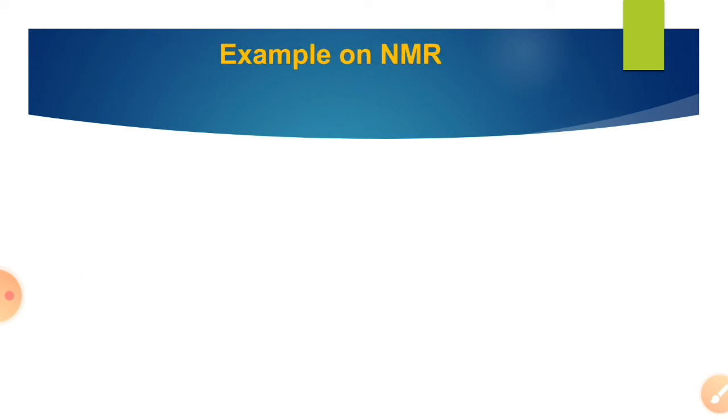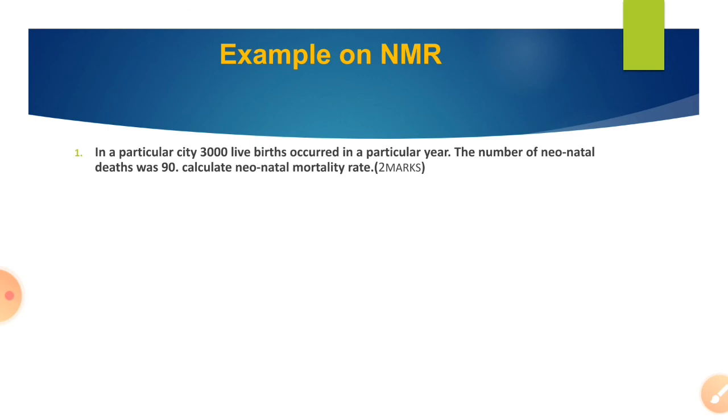So let us solve one example on NMR. In a particular city, 3000 live births occurred in a particular year. The number of neonatal deaths was 90. Calculate the neonatal mortality rate. This is a 2 marks question, an important one.